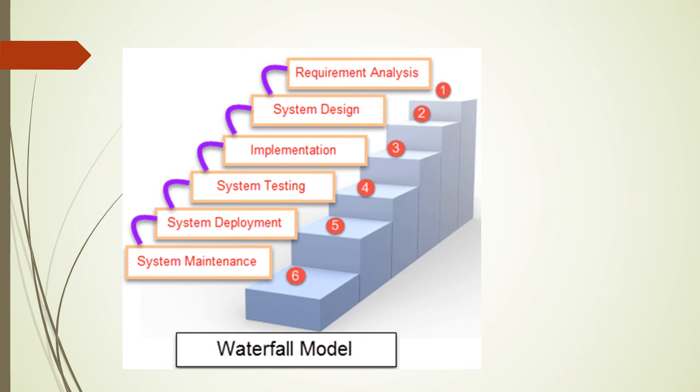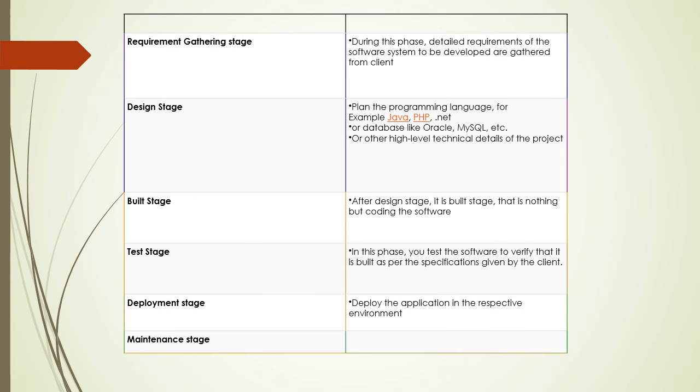Right, so your first step is requirement, then your system design, your implementation, system testing, system deployment, and system maintenance. Right? One must be completed before 2, 2 must be completed before 3. Right? Your gathering stage is where detailed requirements of the software system to develop are gathered from the client.